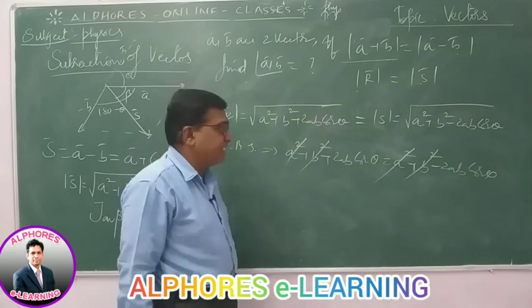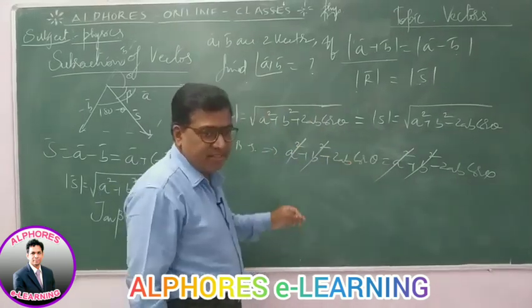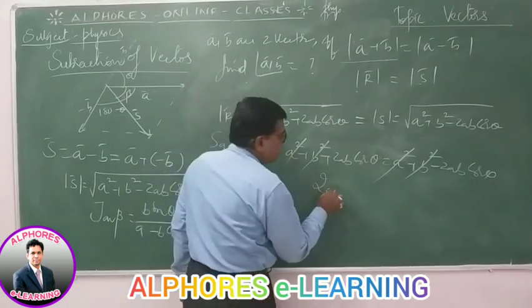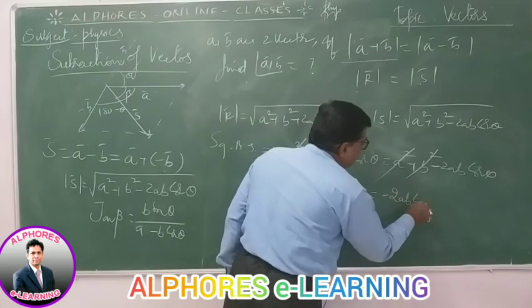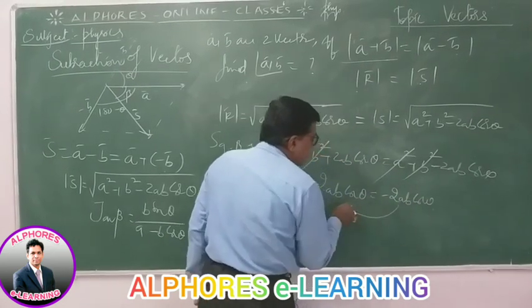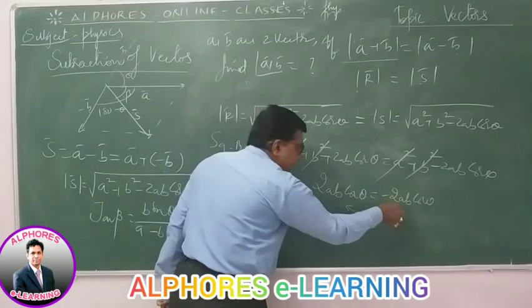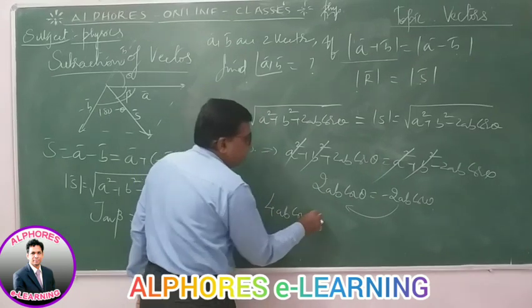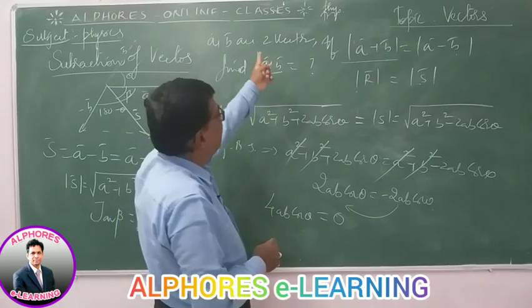So equating both, A square, B square cancel, and 2AB cos theta equals minus 2AB cos theta. If I bring this to this side, it is 4AB cos theta, because minus when it comes over becomes plus: 2AB cos theta plus 2AB cos theta. So 4AB cos theta is 0. Well, 4 cannot be 0, and A and B are non-zero vectors.